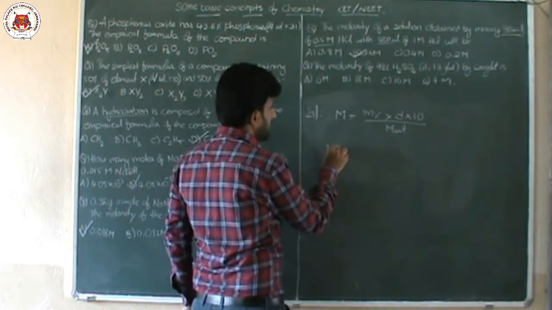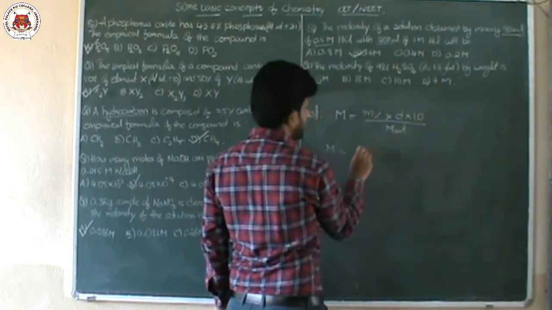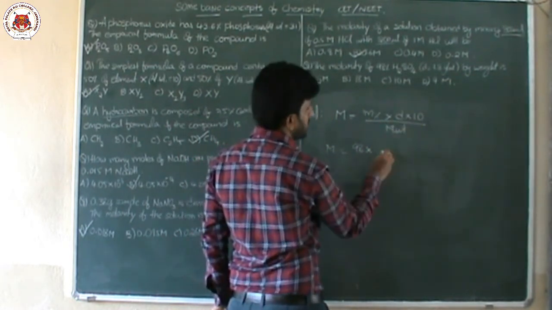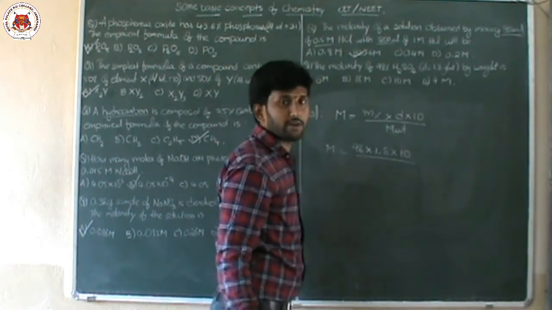Now molarity equals 98 into density 1.8 into 10 divided by the molecular weight of H2SO4.